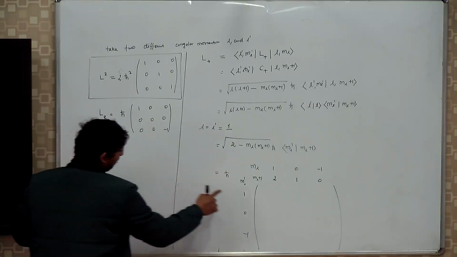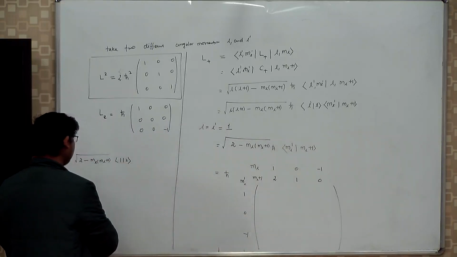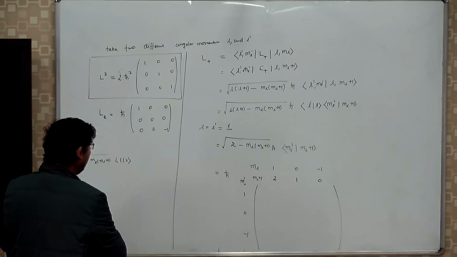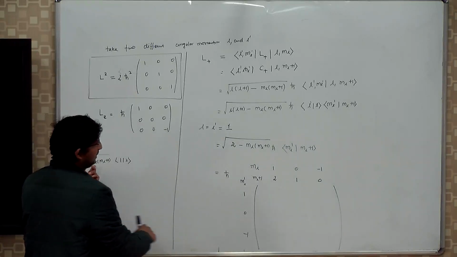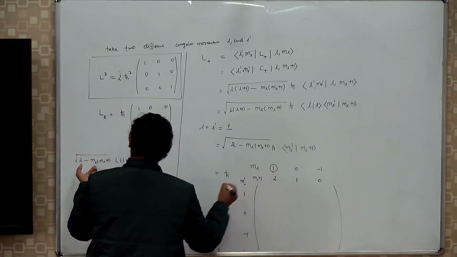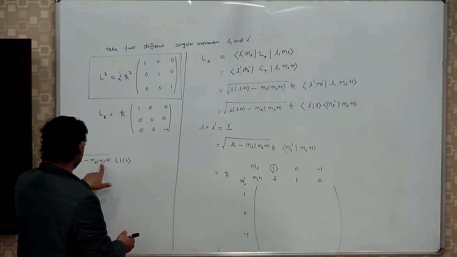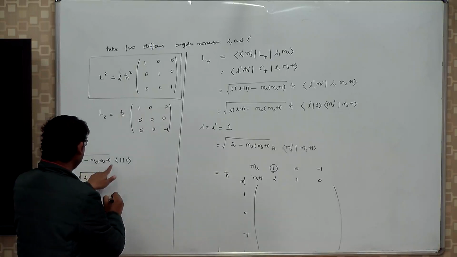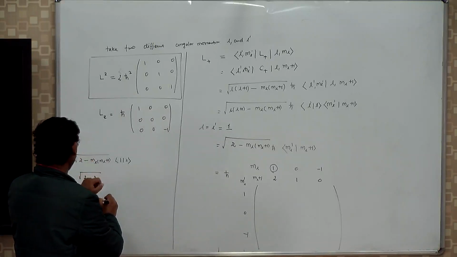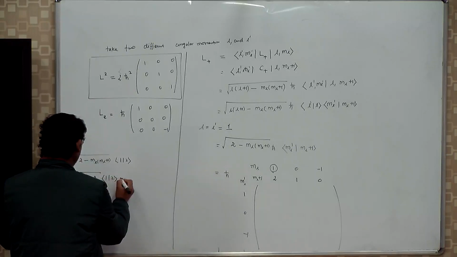Then the inner product between 1 and 2. Now if we put the value of mL as 1 here, it will be square root of 2 minus 2, again this term will also be 2, then the final answer will be 0.